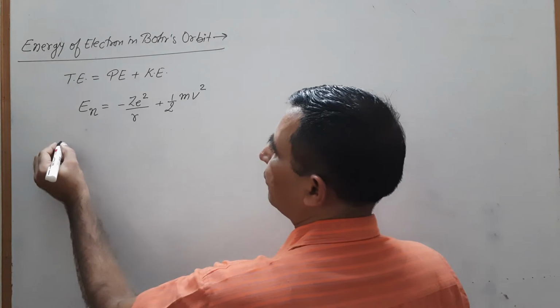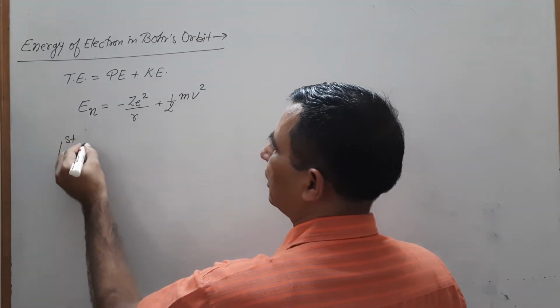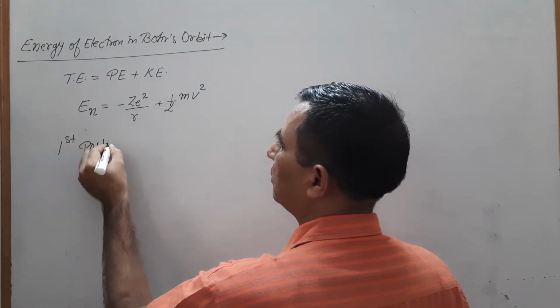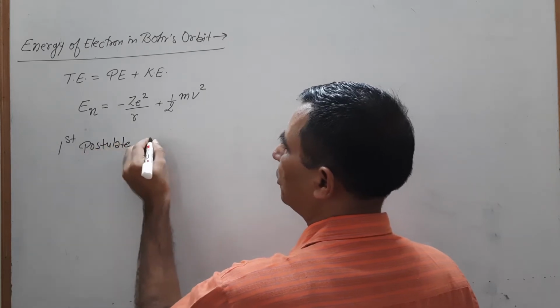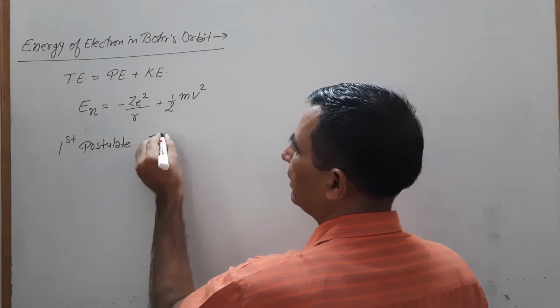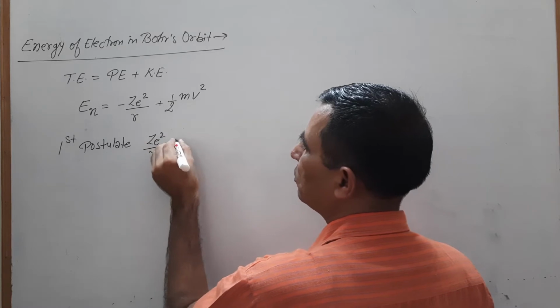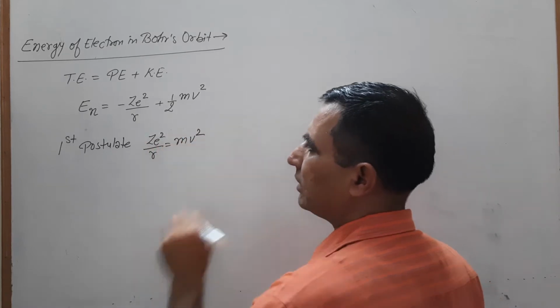As we know from the first postulate of Bohr theory, Ze square by R is equal to mv square.